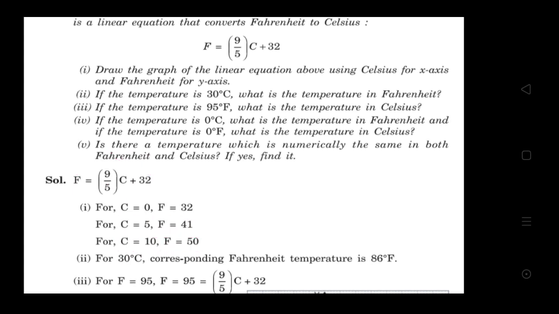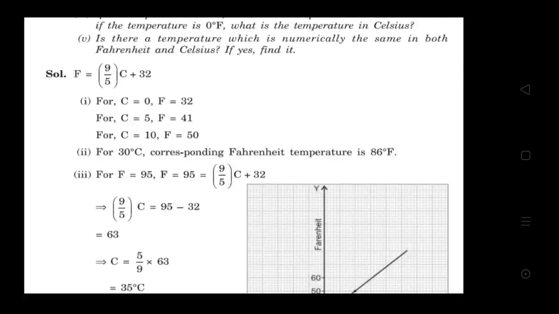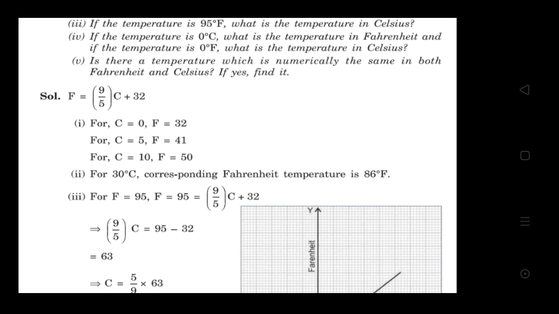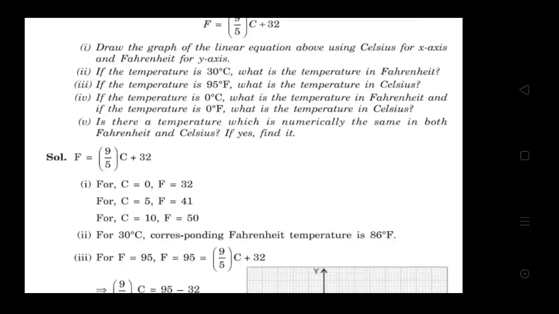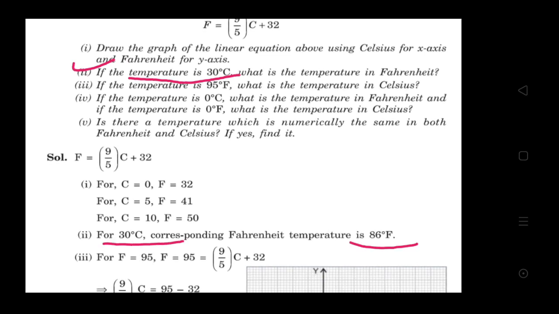Afterward, if the temperature is 30 degrees Celsius, the corresponding Fahrenheit temperature is 86 degrees Fahrenheit.